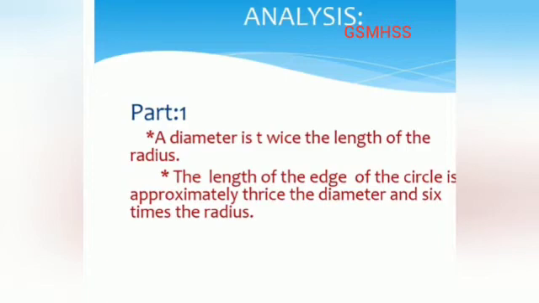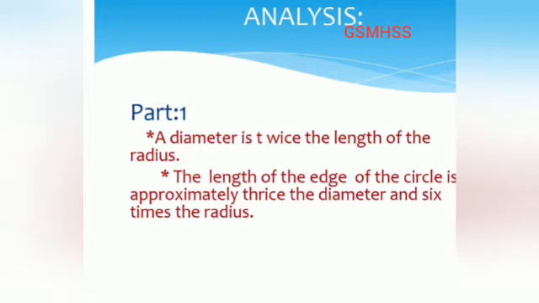The length of the edge of the circle is approximately thrice the diameter. The length of the boundary of the circle is equal to 3 into D. Another name for the boundary is circumference.